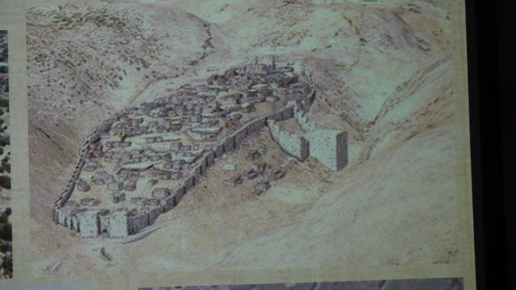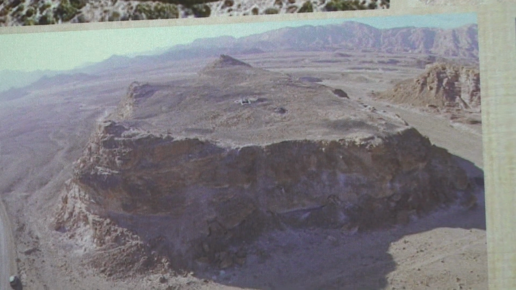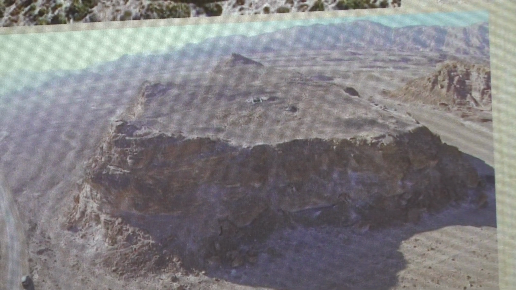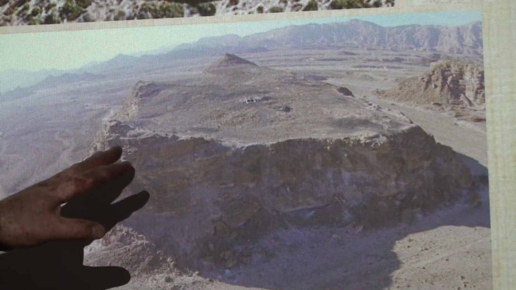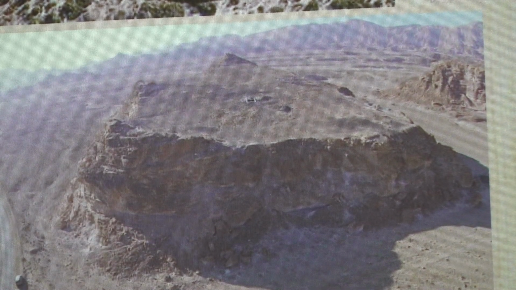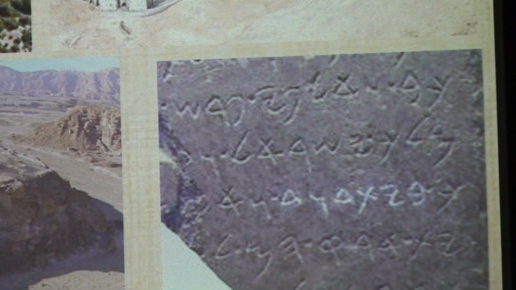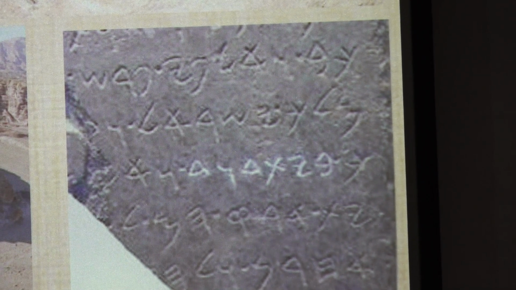Down here on the bottom left is Slaves Hill at Timnah, where mining operations took place during this time of mining of copper. And those accelerated under David and Solomon, and certainly were under their direction, at least in my opinion.